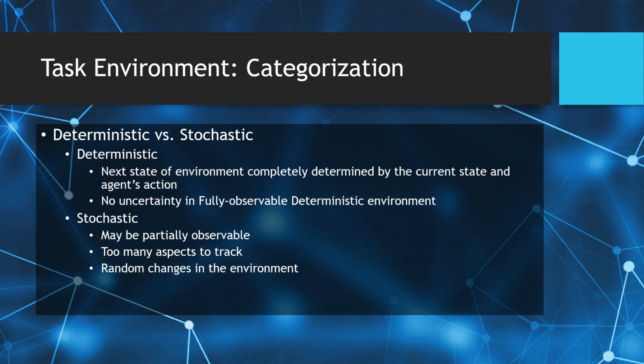Next up, we have deterministic and stochastic properties. If the next state of the environment is completely determined by the current state and the action executed by the agent, then we say that the environment is deterministic. Otherwise, it's stochastic. In principle, an agent need not worry about uncertainty in a fully observable deterministic environment.